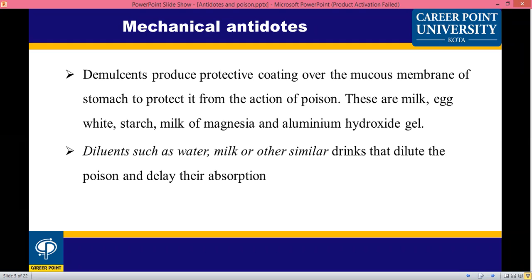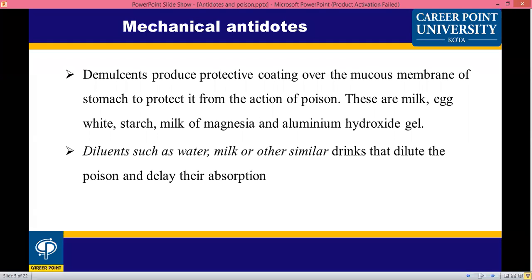What do they do? They prevent the action of poison. These are milk, egg whites, starch, milk of magnesia and aluminum hydroxide gel. Demulcents protect the layer of mucous membrane and prevent the action of poison.